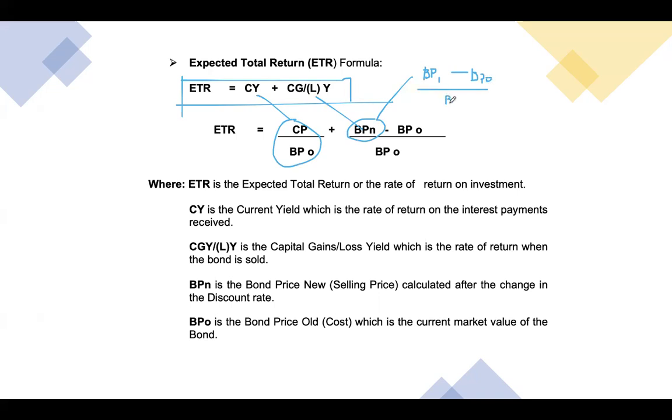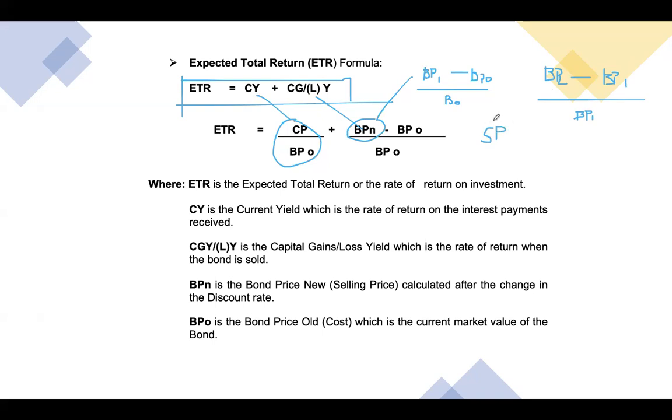If it is year 2, bond price 2 minus bond price 1, all over bond price 1. However, if the bondholder will sell the bond, it is the selling price.